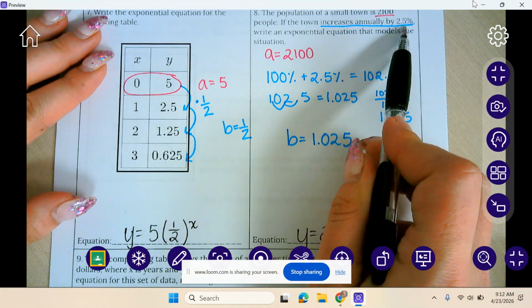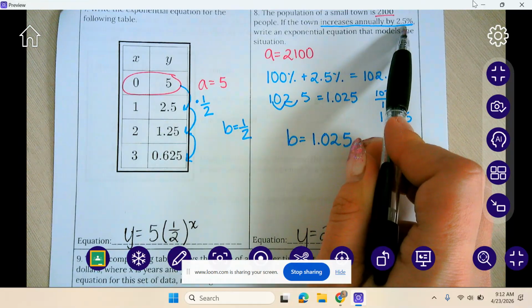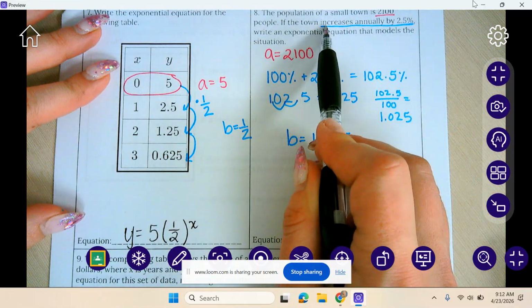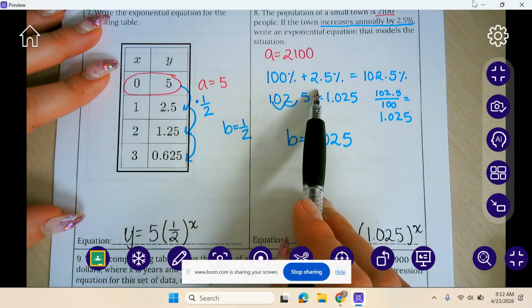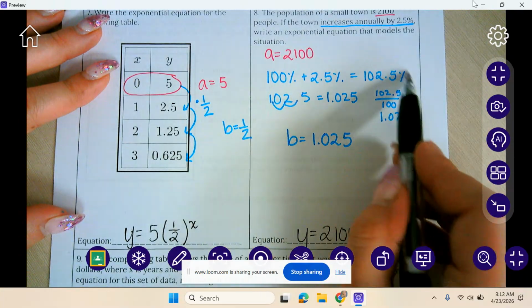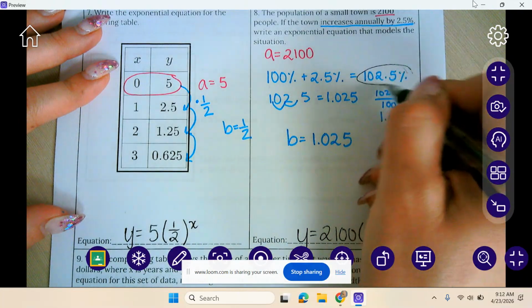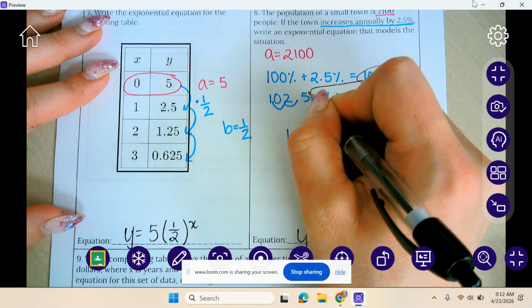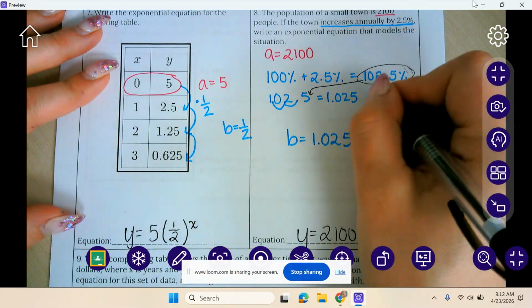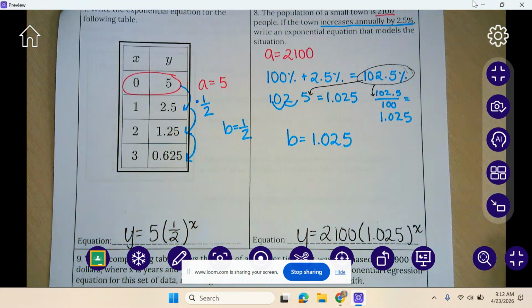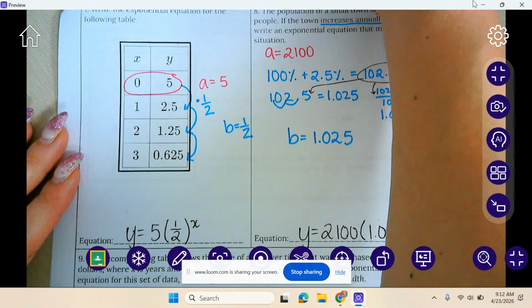Whenever you see a percent, you're either going to add it to 100% or take it away from 100%. Because of this word increases, that's why I added it. Once I got this percent, there are 2 different directions I could go. I could move the decimal 2 places over, or I could divide by 100 and get the decimal that way. Whatever your preference is, you can choose. I'm going to scoot it down just a hair.